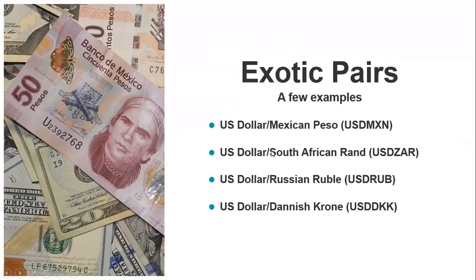The US dollar, South African rand, the US dollar, Russian ruble, the US dollar, Danish krona. You have the major currency, then the currency from an emerging market. These are referred to as emerging market currencies. You can have the British pound, Mexican peso. The formula is still the same. You have a major currency and a currency from the emerging markets. So now you have the exotic pairs.